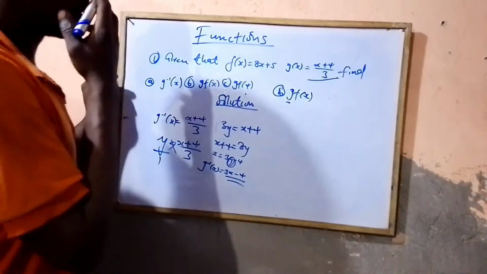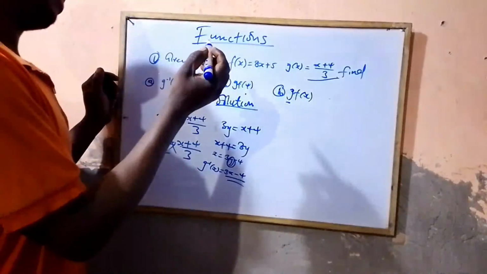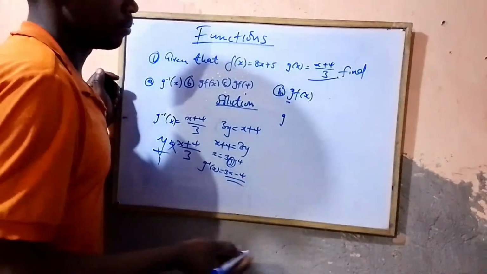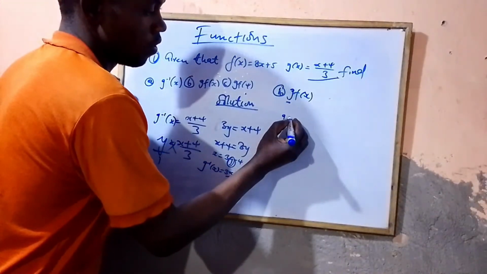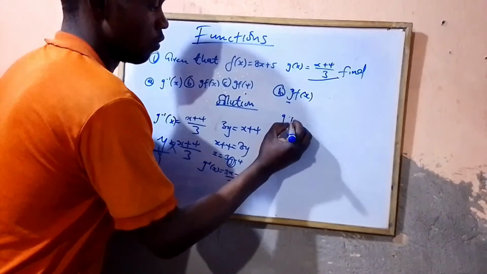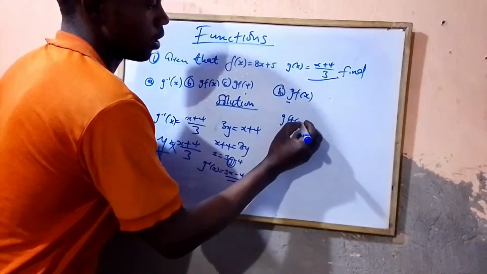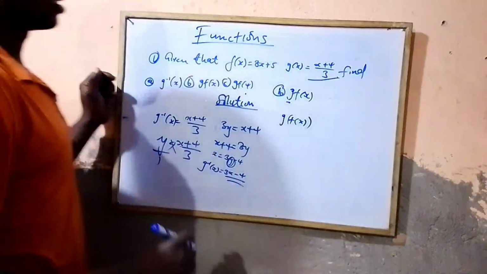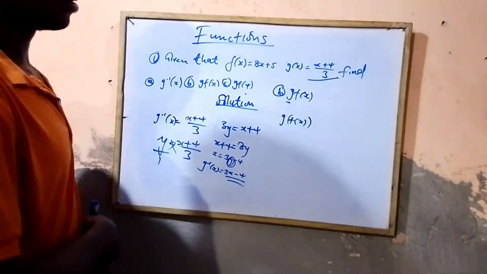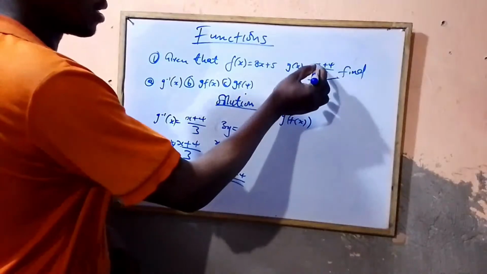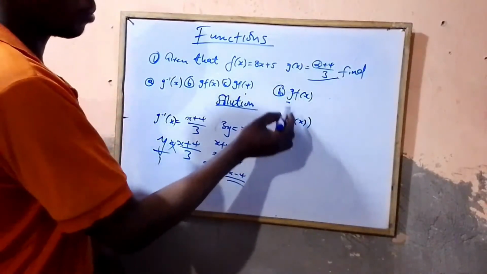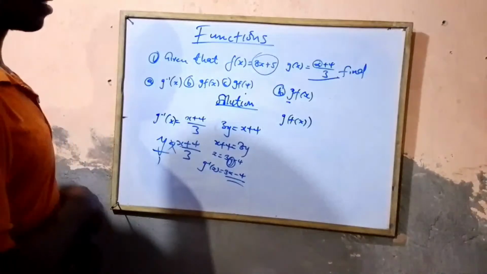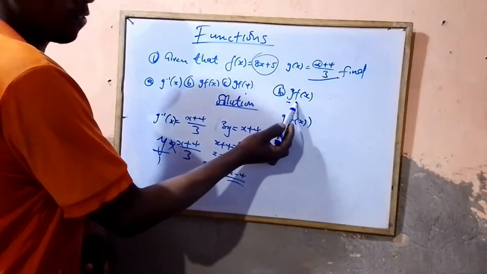What do I mean by swallow? It means that you are going to have g of f, open bracket x, and close bracket. That's what it means. So that's where this x in g, you must substitute with this function for f.